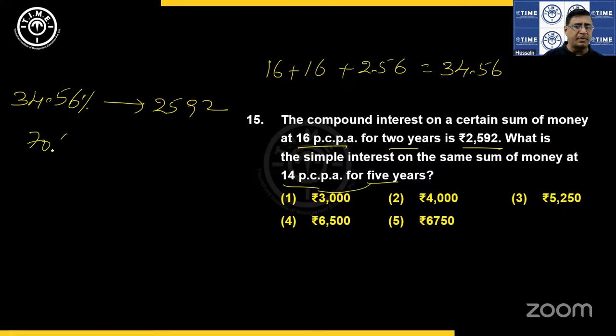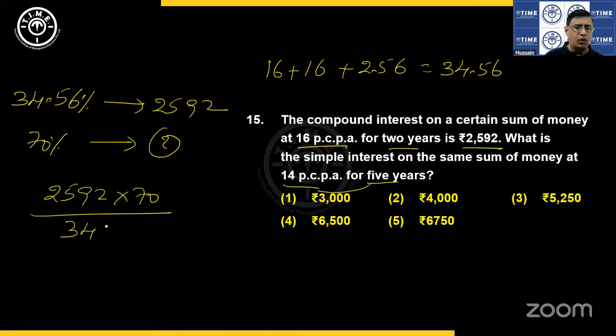So 70% is equal to question mark. Simplify. 2592 into 70 by 3456 into 100. Why am I taking 100 here? Just by removing the decimal, I'm adding zeros on the other side.